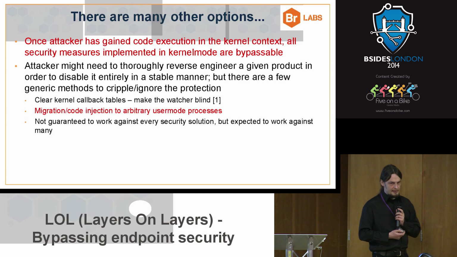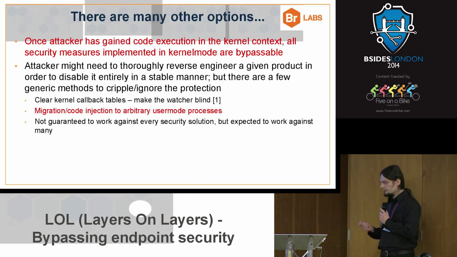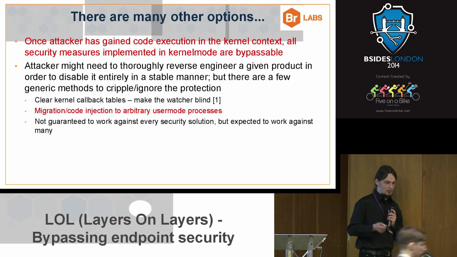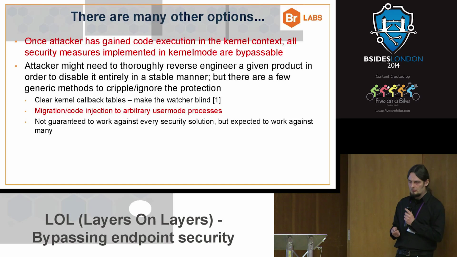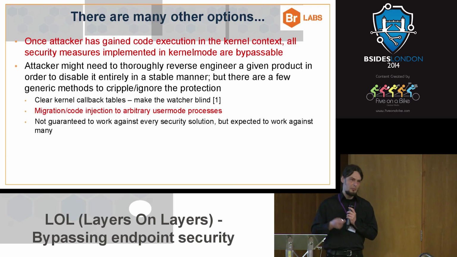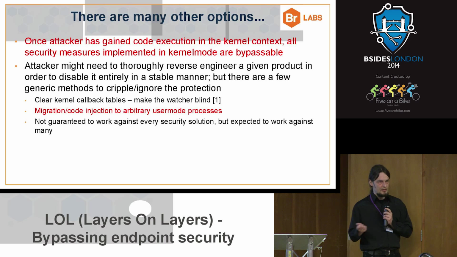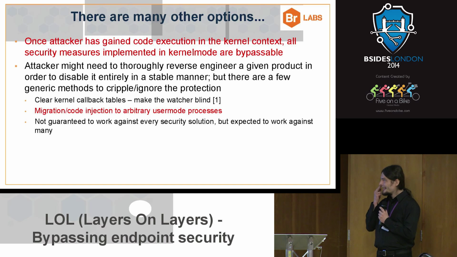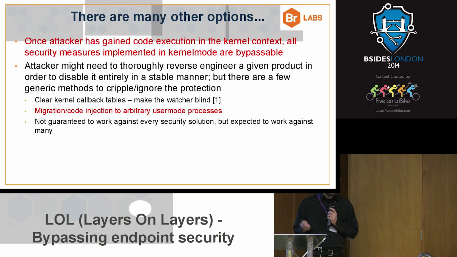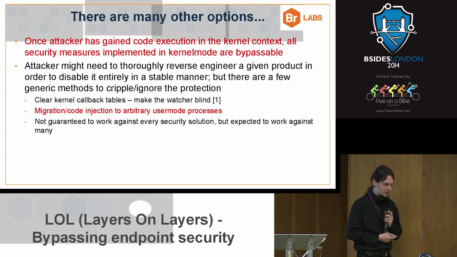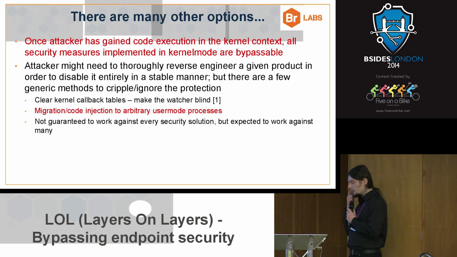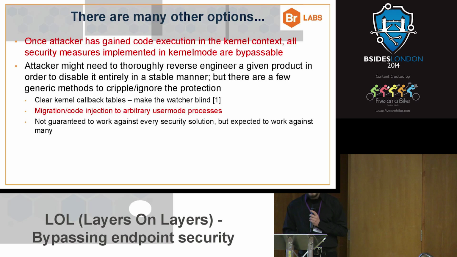So in reality, it's non-trivial to actually disable completely a given security solution, say HIPS or whatever, because what you would have to do is thoroughly reverse engineer its internals, learn how the code operates, and which are the ways that you can disable it altogether. It takes a little bit more time, and it's a really dull job because it's specific to a single security solution. It might be even bound to a particular version of the software, so it's not much interesting. It's possible though, in principle.